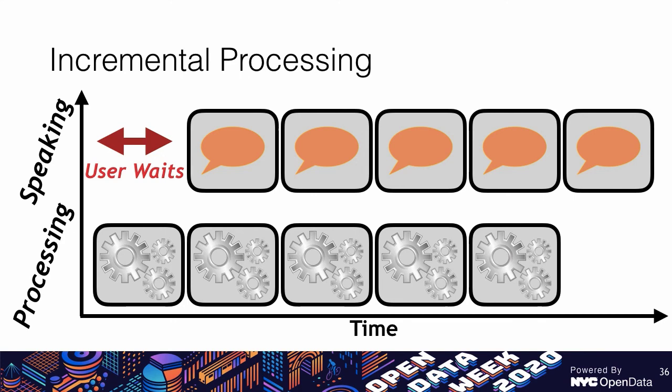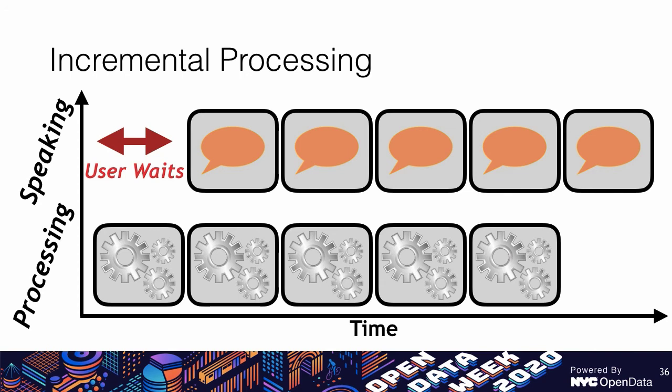Now, here we have significantly reduced the time that users need to wait until speaking starts. So in that sense, it is effective. At least as long as we consider one single user for which we can reserve the resources of the entire system.